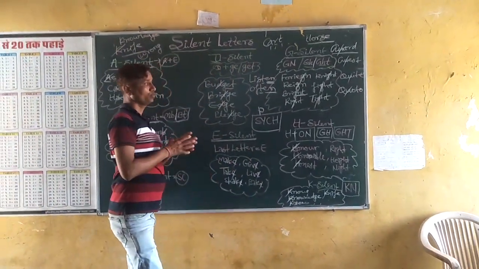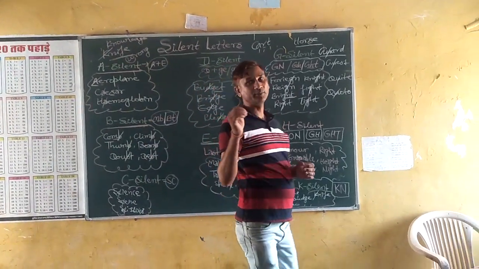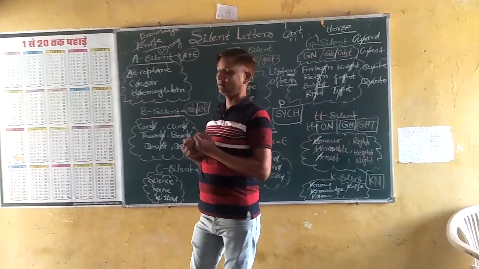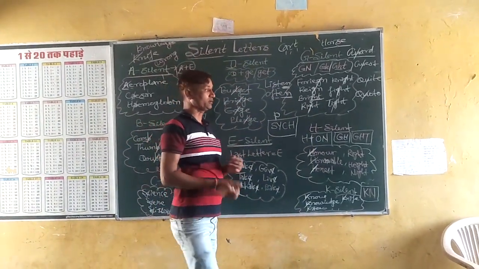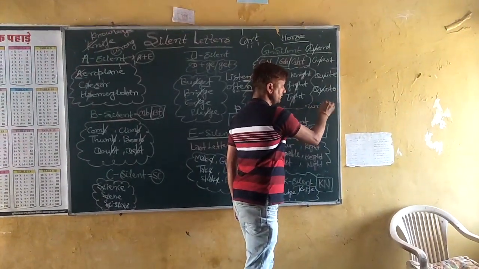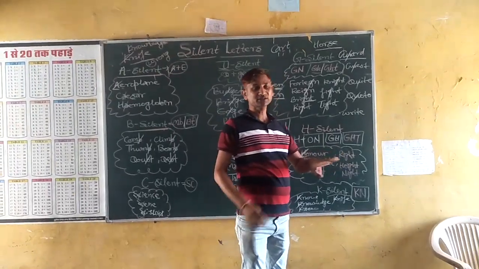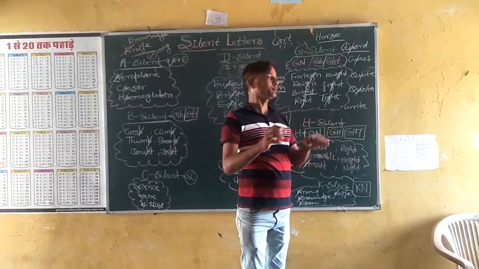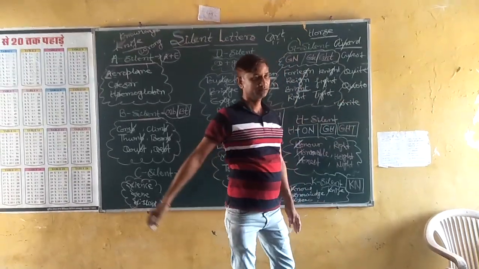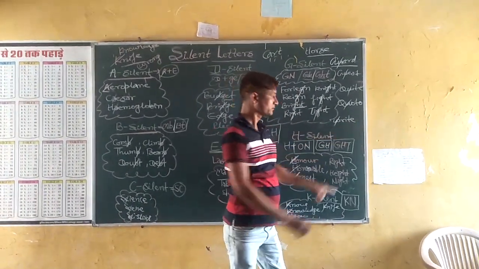Now we will know about W silent. When the first letter of the word is W and the second letter is R, it means when W comes before R, then W will be silent. And we will call it right.